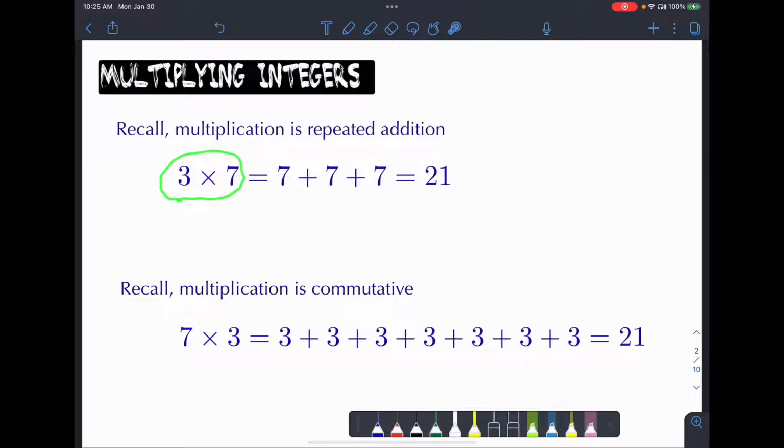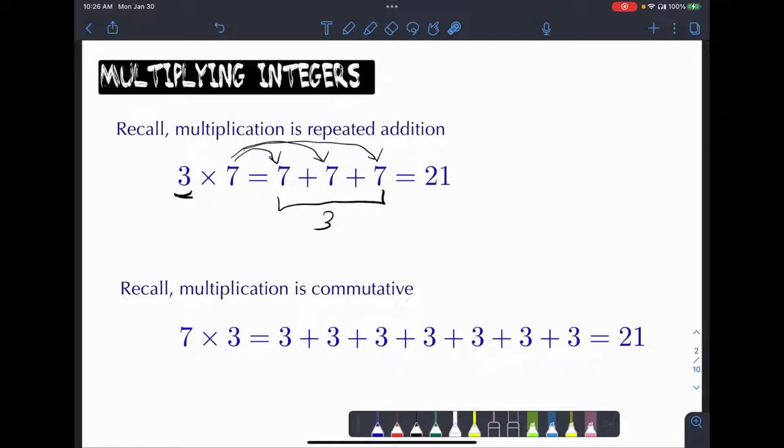So we can take this multiplication and write it as 7 plus 7 plus 7. So remember, we have 3 sevens. That's the result of this 3 here. And this 7 is appearing 3 times. So if we add 7 plus 7 plus 7, we should get 21.